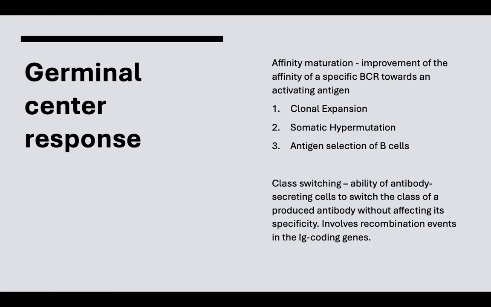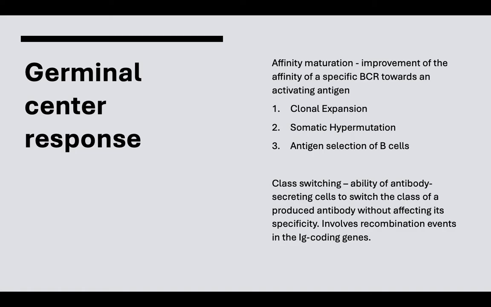And it involves several events, specifically starting with clonal expansion, and then increase in diversity carried out by somatic hypermutation, and then eventually antigen selection of B cells.